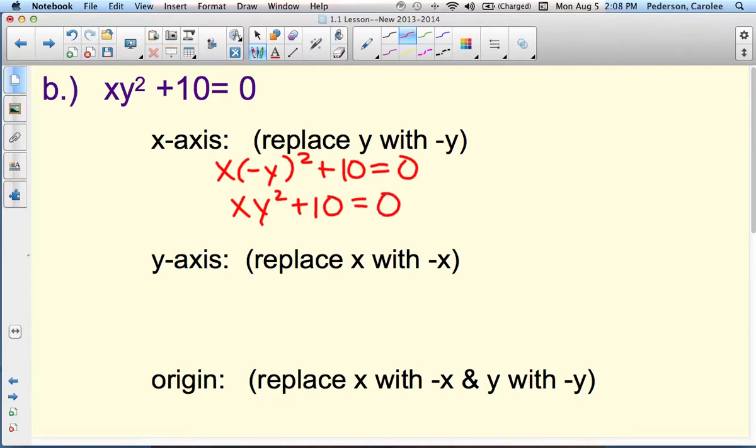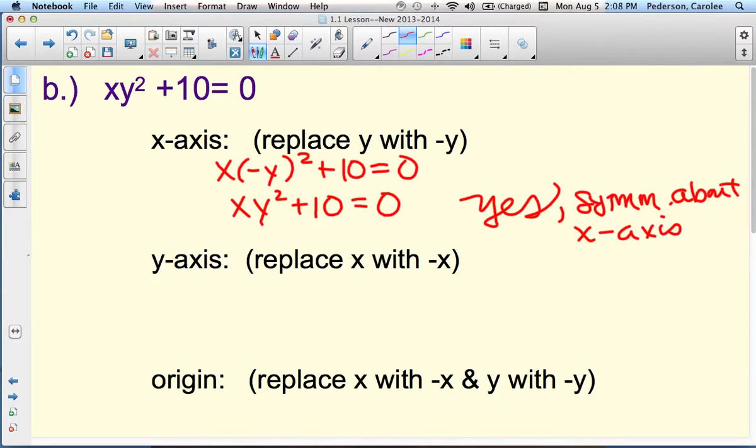Did we get the original equation back? Yes, we did. So there is symmetry about the x-axis. So that's your horizontal axis you have symmetry with.